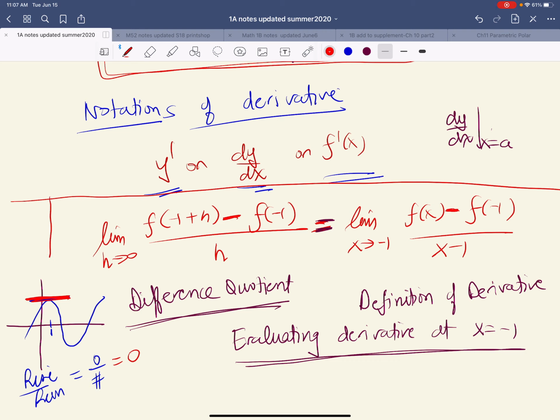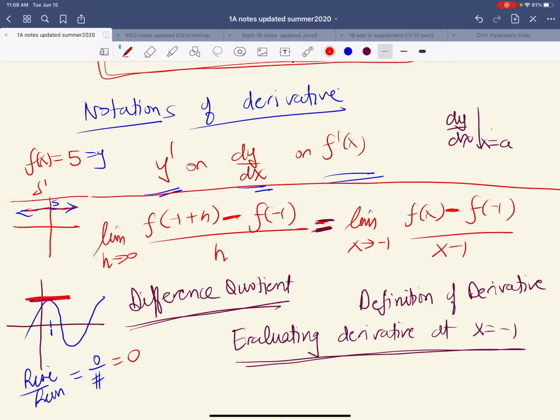Same thing if we have a constant function. Let's say my function is f of x equals 5. F of x is the same thing as y, so I draw this line where the 5 is. What's going to be the derivative of this line? The derivative is the slope of the tangent line. If I draw a tangent line at any point, the tangent line would be just like this line, and there's no rise for that line either.